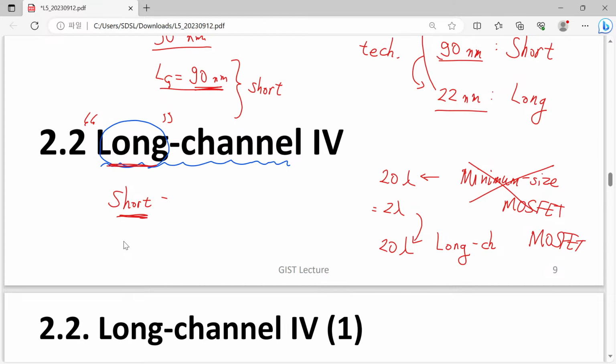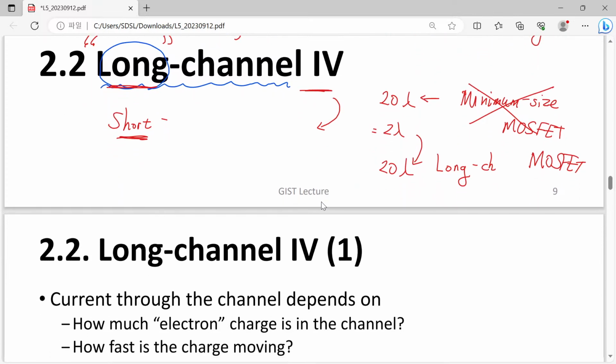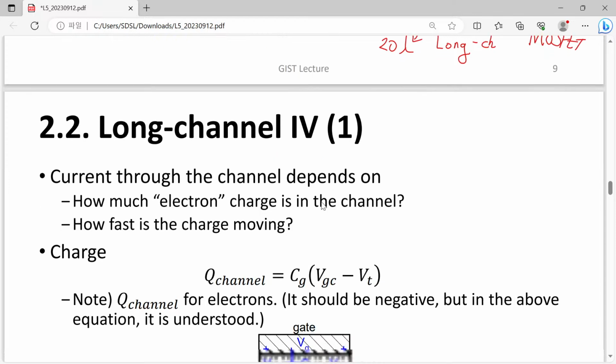Okay, so are you with me? Once we have studied the long channel MOSFET IV, then we will move to the short channel device. The short channel device has some effects deviating from the long channel MOSFET, so we will study that maybe in the next lecture.